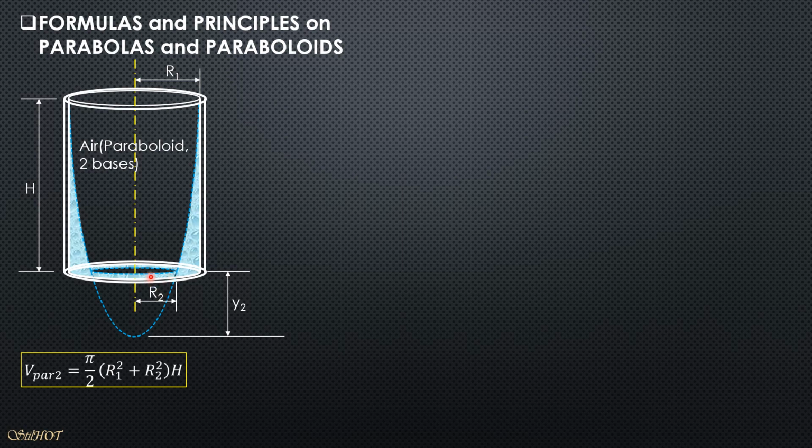So that is equal to pi over 2 R1 square times quantity H plus Y sub 2 minus pi over 2 R2 square times Y sub 2. So that's the other way of computing this volume of air represented by a paraboloid of revolution with two bases.